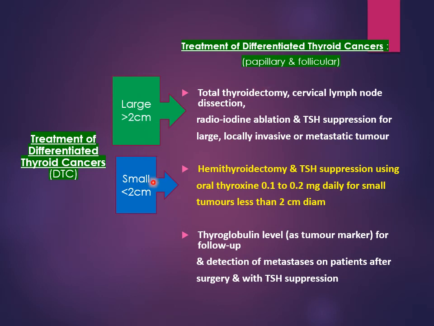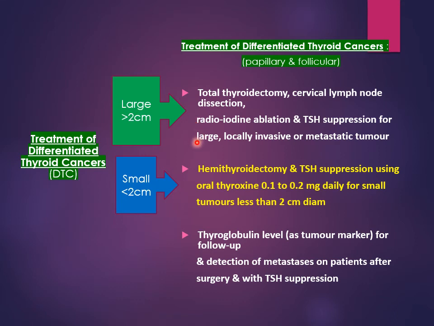It can be divided into two main groups by the size of the tumor, the T stage, larger than 2 centimeters and smaller than 2 centimeters. For tumors larger than 2 centimeters, total thyroidectomy with cervical lymph node dissection, level 6 lymph node dissection, is done, followed by radioiodine ablation and TSH suppression for these large tumors.